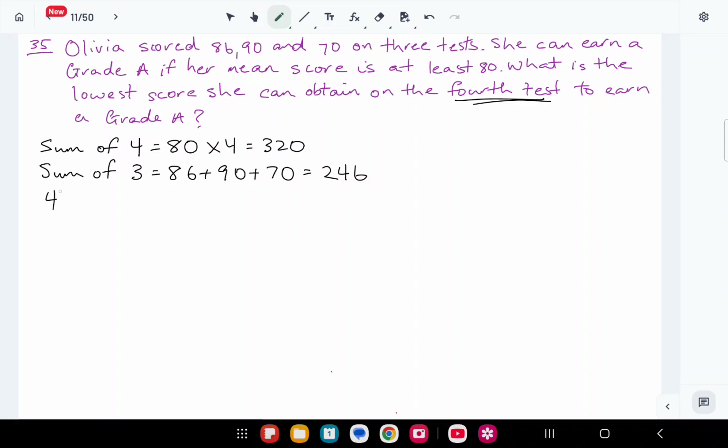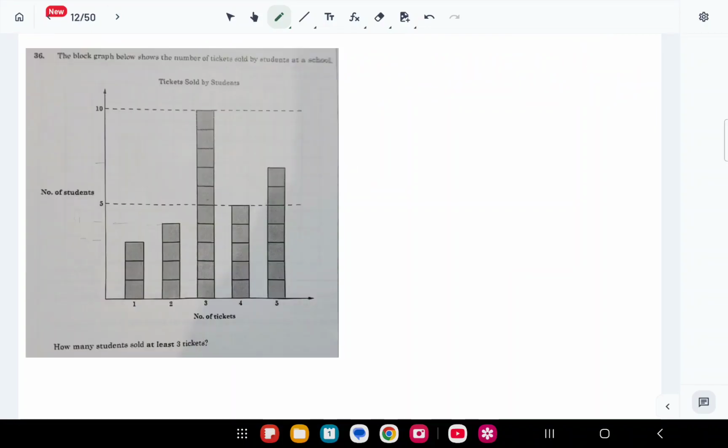To calculate the 4th test score, that would be the total, which is 320, take away 246. That will leave us with 74. So she needs to score a minimum of 74 in the 4th exam.